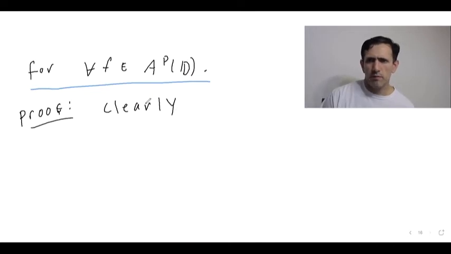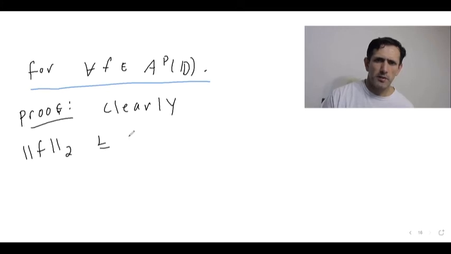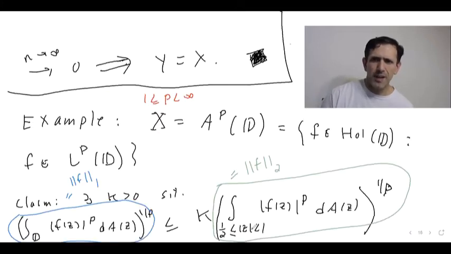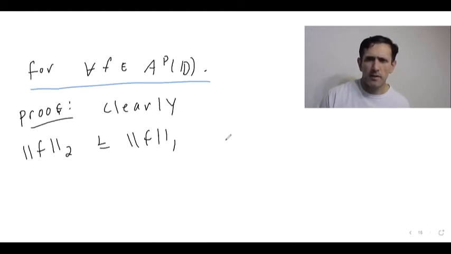There's really nothing much to say about the fact that the 2 norm here is less than or equal to the 1 norm here. They're the same thing; I'm just integrating over something smaller, and that's smaller than integrating over the whole disk.